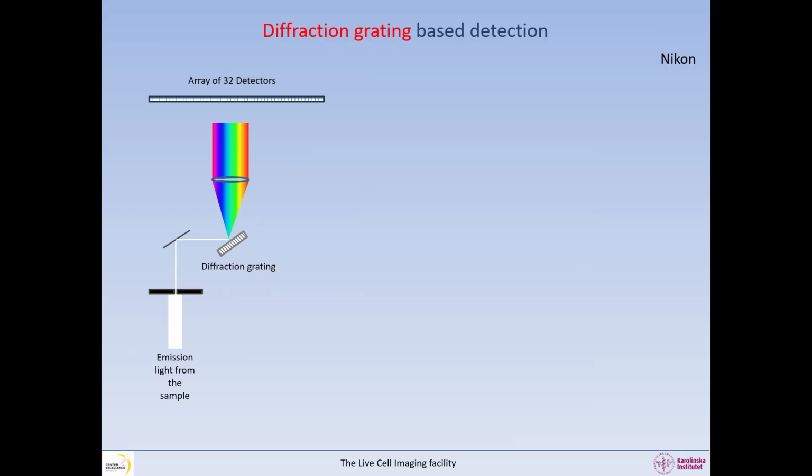After it reaches this diffraction grating, the light will be split into its components, like in a rainbow. And for the Nikon system, after that, it will reach an array of 32 detectors.